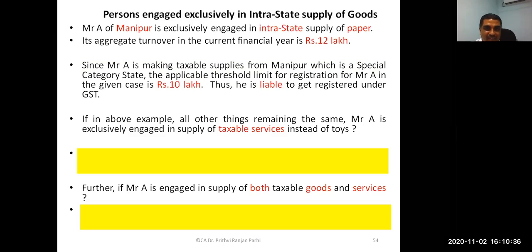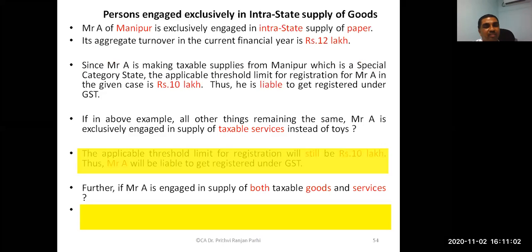Right. Now, everything is the same, and Mr. X is exclusively engaged in supply of taxable services. He is not supplying toys, he is engaged in services. Is he liable for registration? Yes, sir, he will be liable for registration.